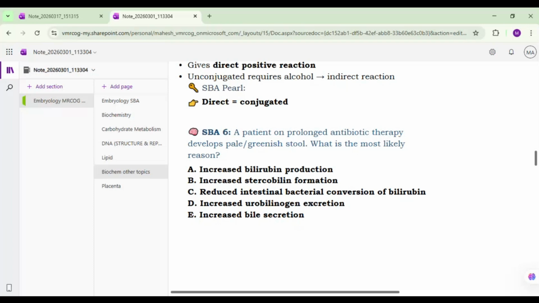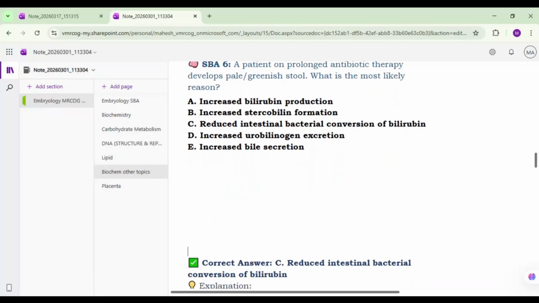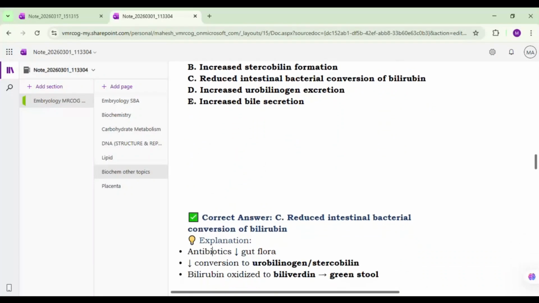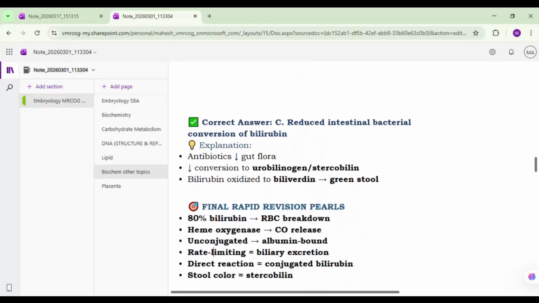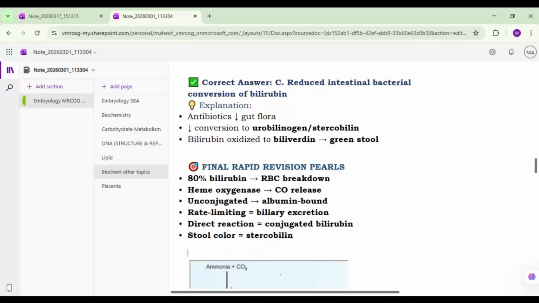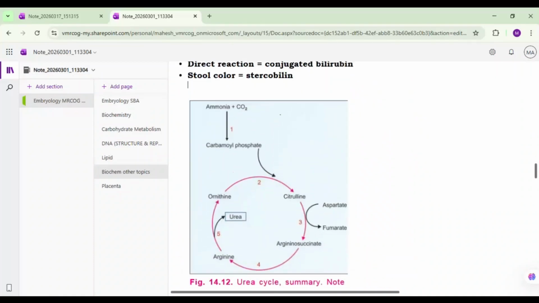Option C, reduced intestinal bacterial conversion of bilirubin. Antibiotics will reduce the gut flora, so there will be decreased conversion to urobilinogen and stercobilinogen. Bilirubin is oxidized to biliverdin, and that will give the green stool.